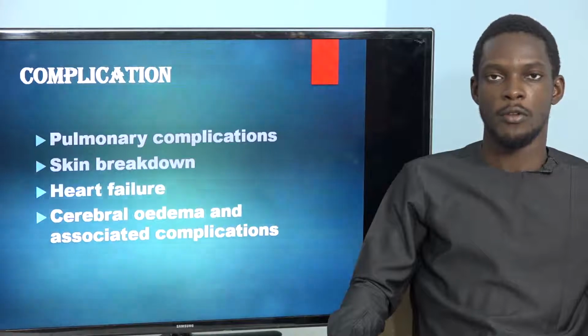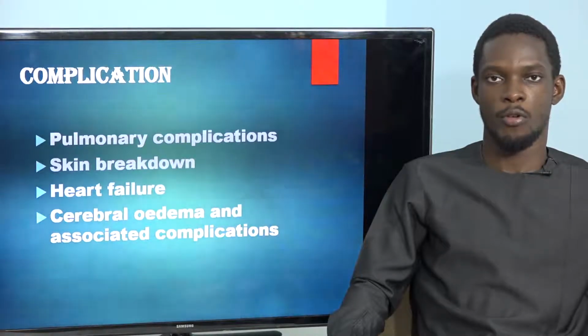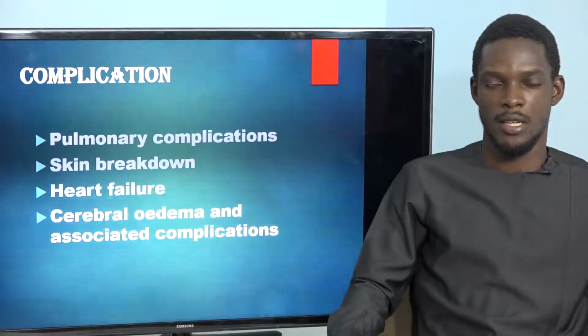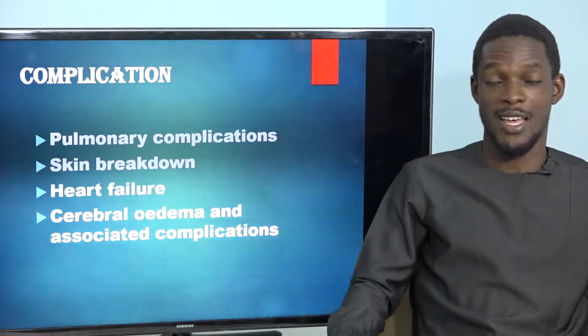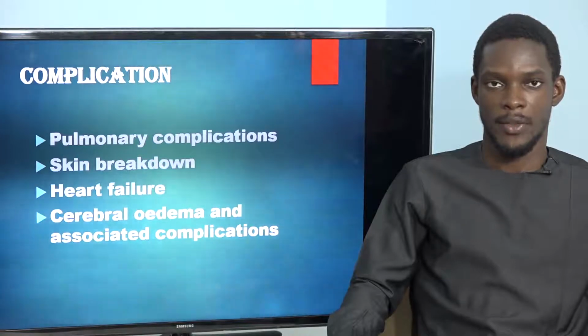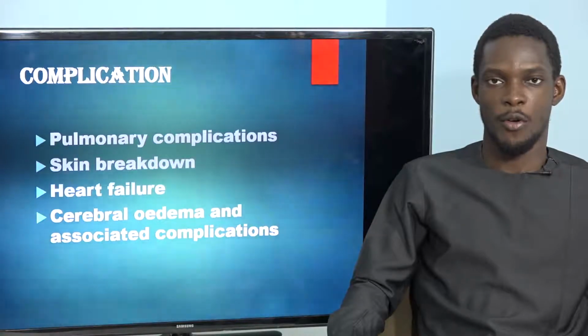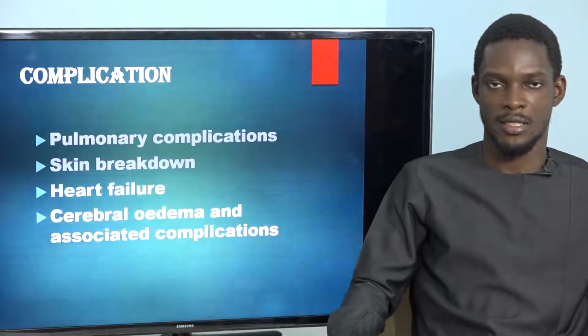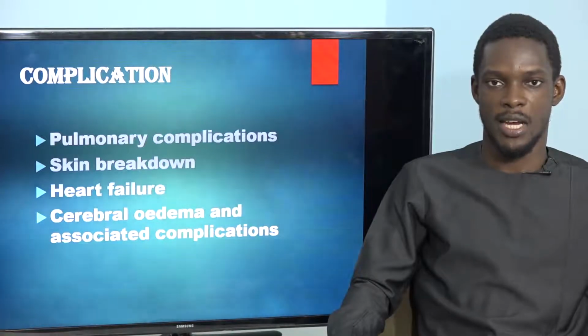Complications of fluid volume excess may include pulmonary complications such as pleural effusion, as has been mentioned previously, skin breakdown, as was just explained, heart failure, because you put excess pressure on the heart, and the heart begins to work abnormally at a higher rate, and therefore may result in heart failure.